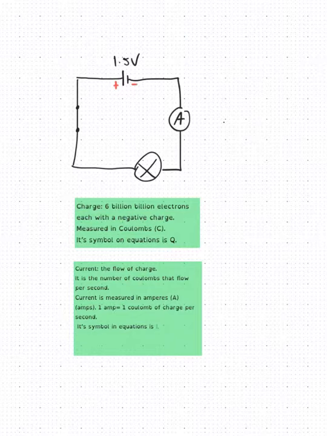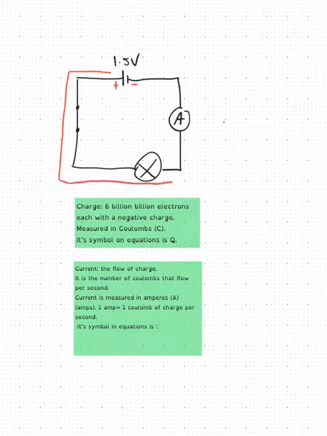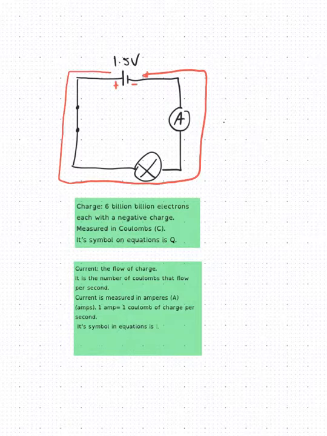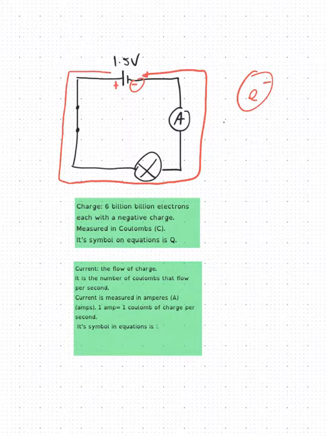When we're drawing these circuit diagrams, the convention is that flow goes from the positive end to the negative end. That's based on old knowledge really, and it's not actually correct, even though that is the way that we still draw them. What we know about electrons is that they have a negative charge, and two things with the same charge repel each other.